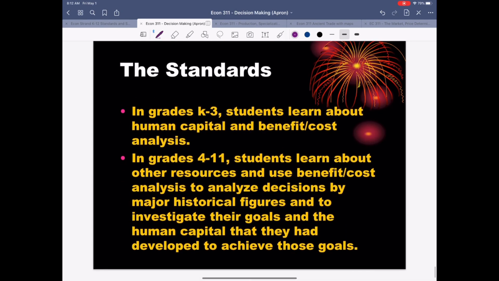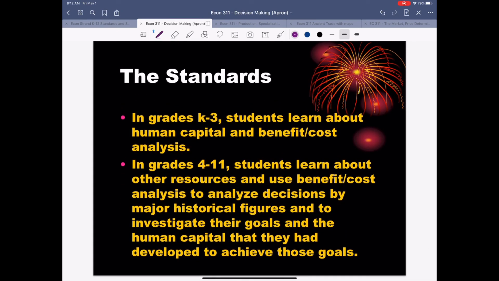So to tie this back to our standards, in grades K through 3, our students learn about human capital and benefit cost analysis. In grades 4 through 11, students expand that understanding to learn about other resources and use benefit cost analysis to analyze decisions by major historical figures and investigate their goals and the human capital that they had to develop to achieve those goals.